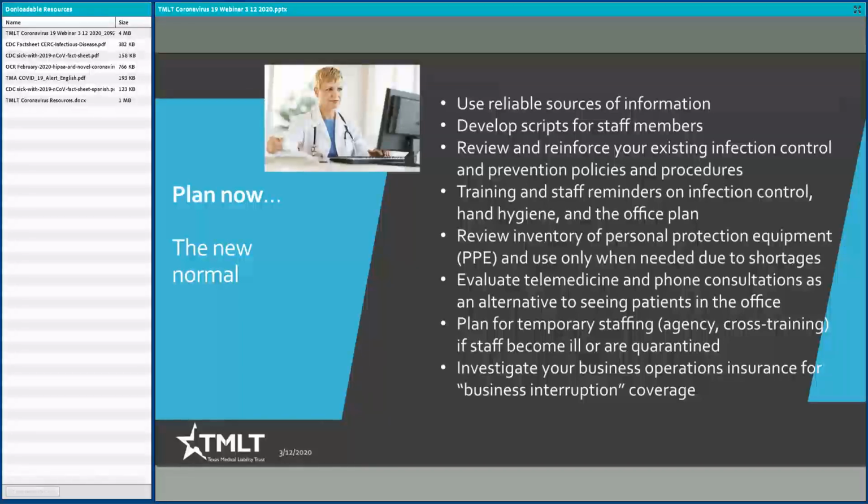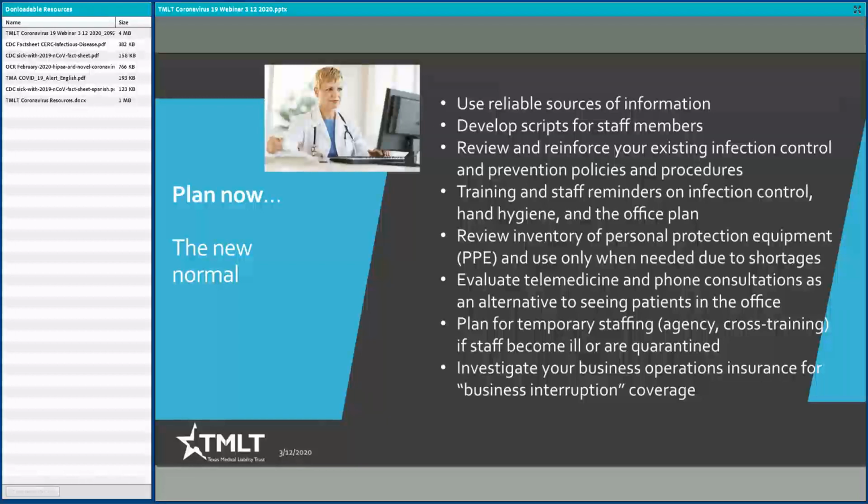Consider evaluating telemedicine or using telephone consultations as an alternative to seeing patients in your office. Develop a plan for temporary staffing through something like an agency or cross-training your staff if your staff becomes ill or must be quarantined. And you may want to investigate your business operations insurance for business interruption coverage should your practice not be able to see patients at all.